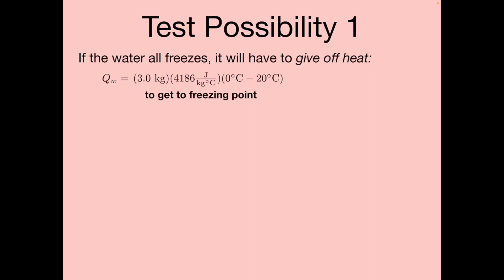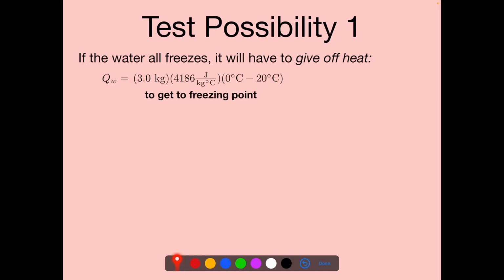Well, we first need to have the water give off some heat in order to reduce its temperature to the freezing point, 0 degrees Celsius. So that's going to be the mass of the water, 3 kilograms, times the specific heat of liquid water, 4,186 joules per kilogram per degree Celsius, and then delta T, the temperature change, is 0 degrees Celsius for the final, minus 20 degrees Celsius for the initial.